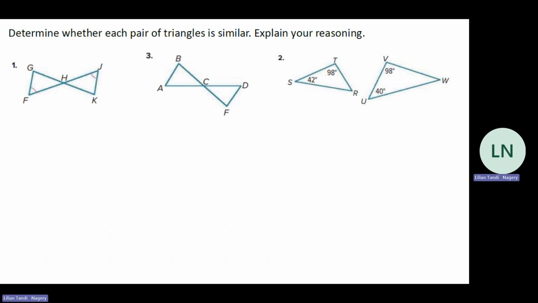So we are going to use AA similarity. Okay? So I have two triangles, and I must show two pairs of equal angles, and then the triangles will be similar. So here I am going to talk about triangle GHF, and here I'm going to talk about triangle KHJ.